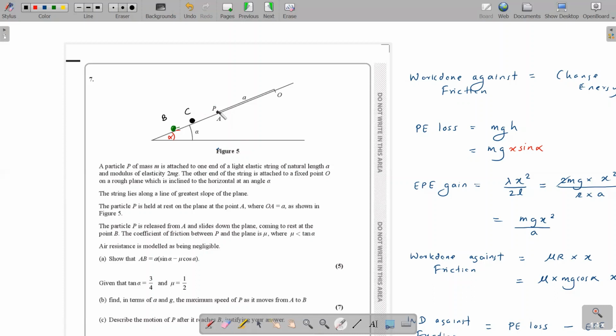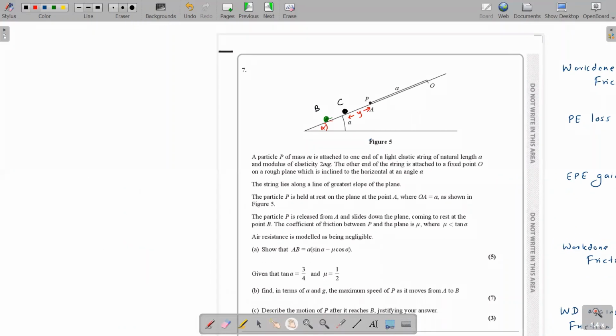You are increasing in speed until point C, and then after C, you decrease in velocity. So let's say the distance A to C is y. So at C we have the maximum speed. Let me mark at C we have V max.